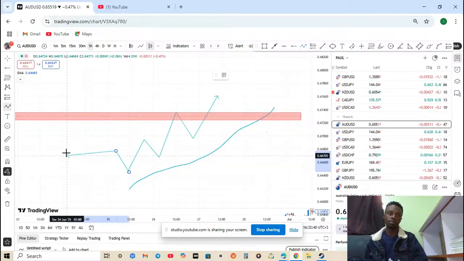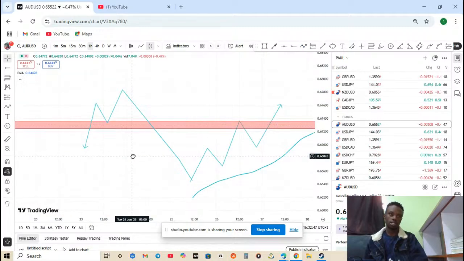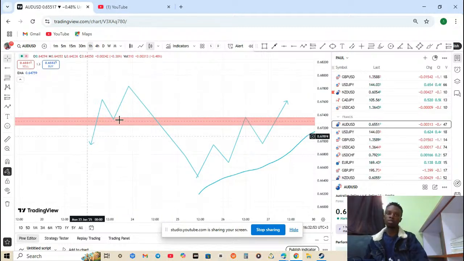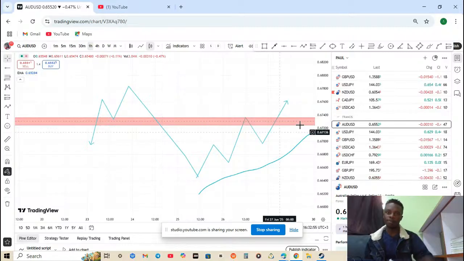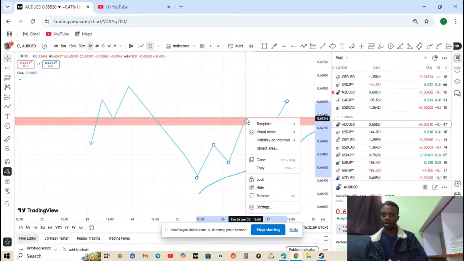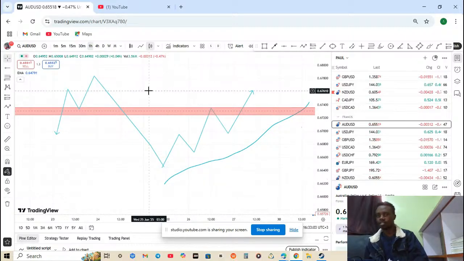The market should have tested this zone more than two times in the past. If it has, it improves the power of the zone. So those are the factors that I look at in the 1 hour chart.